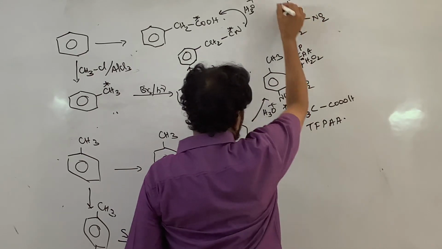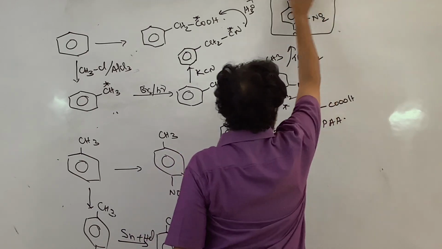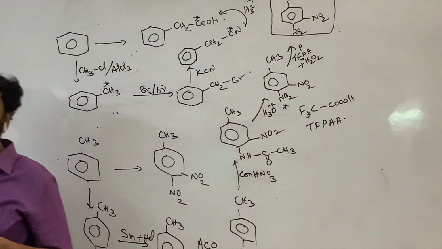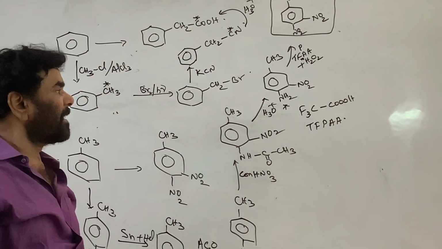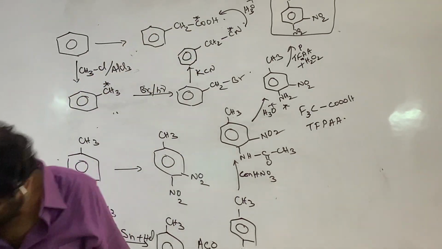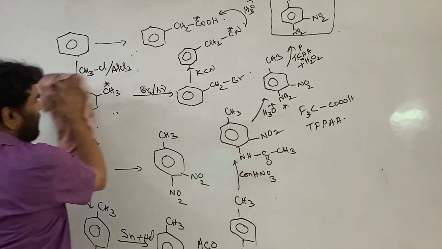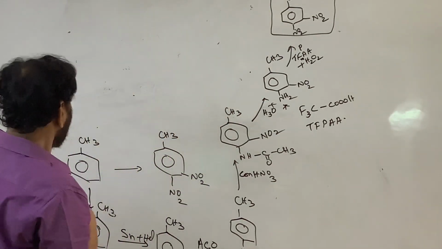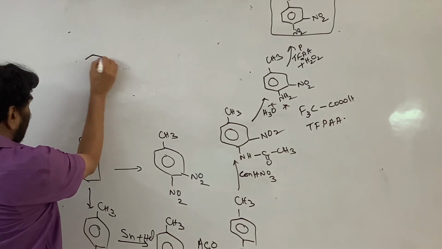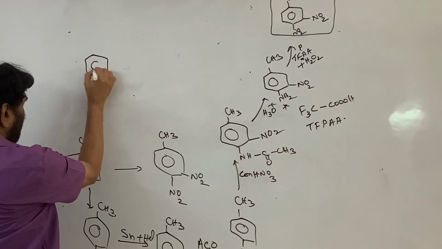Three, four dinitro, very long way. That is 2,4 now. So this is the conversion related to the nitrobenzene.